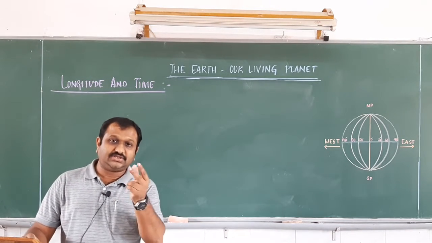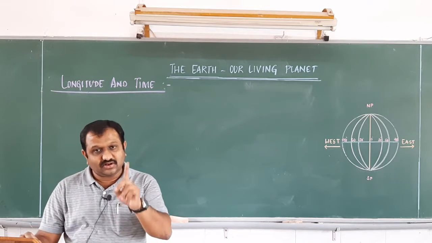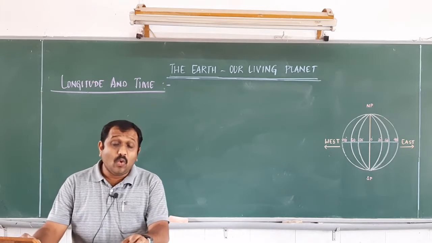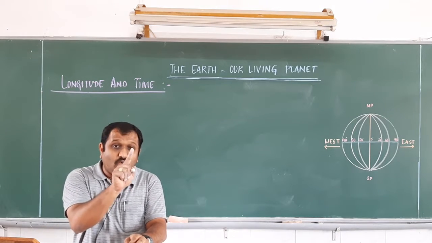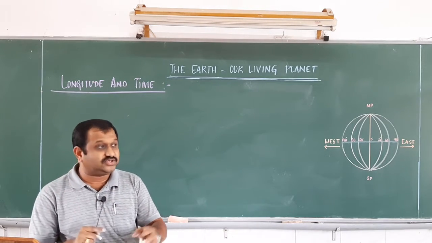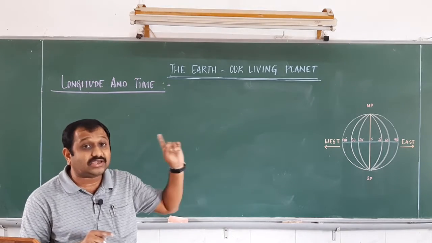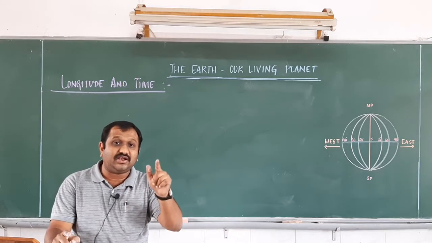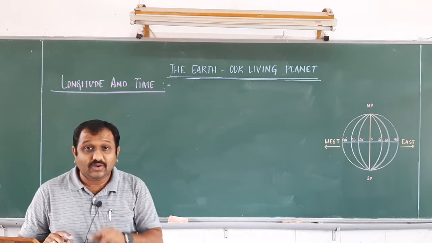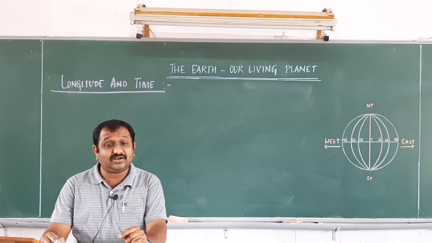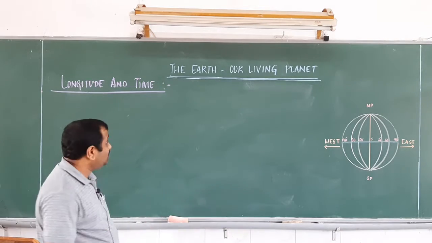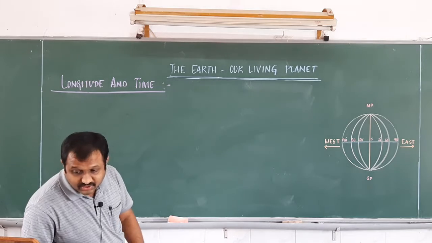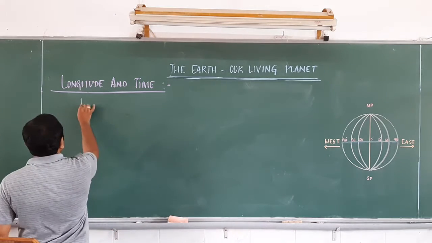To complete these 360 longitudes, one circle, it takes 24 hours, or we can say one day. What is the time gap from one longitude to another longitude? Just now we had a discussion on the kilometers. From one longitude to another longitude, the distance is 111 kilometers. And what is the time? We have to calculate the time now. So therefore, as I told you, simple mathematical calculations are what we need to focus on here.